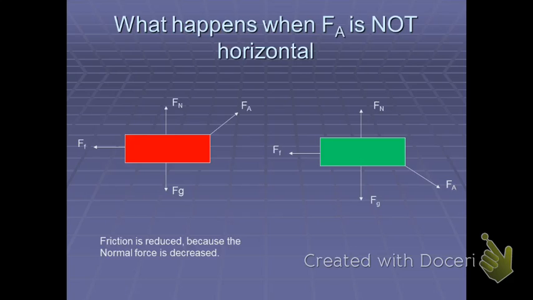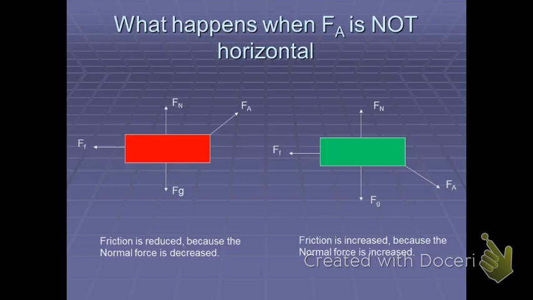So to recap, friction is reduced in the red free body diagram because the normal force is actually decreased, something that we'll focus on in our next class. In the green box, friction is increased because the normal force is also increased, because the normal force is just counteracting the addition to the gravitational force.